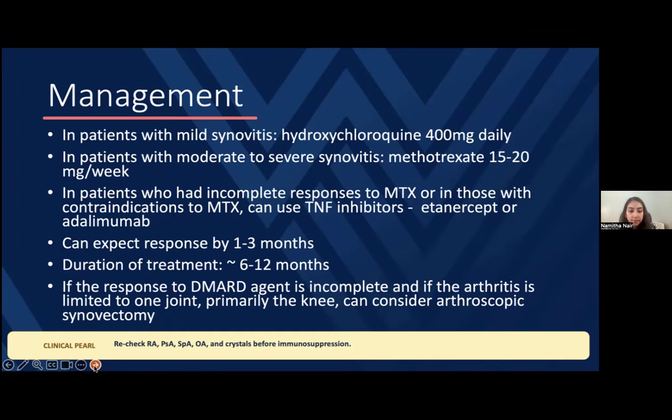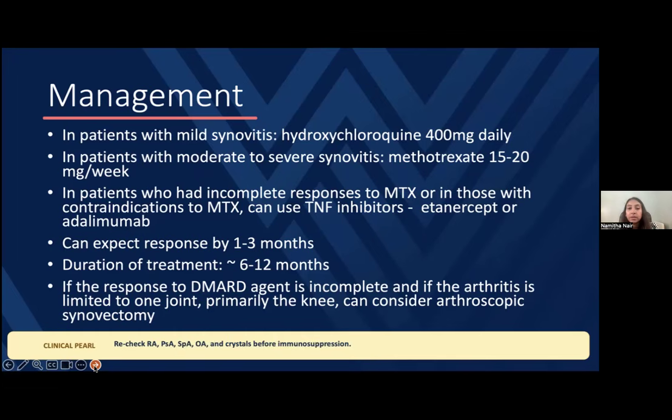You can expect a response by 1 to 3 months, and hopefully the duration of treatment would be 6 months to a year. And if the response to the DMARD is also incomplete, and this was just the one joint, that one stubborn knee joint that was involved, then you can consider doing an arthroscopic synovectomy. Now, when you're starting immunosuppression, just make sure you are rechecking serologies.